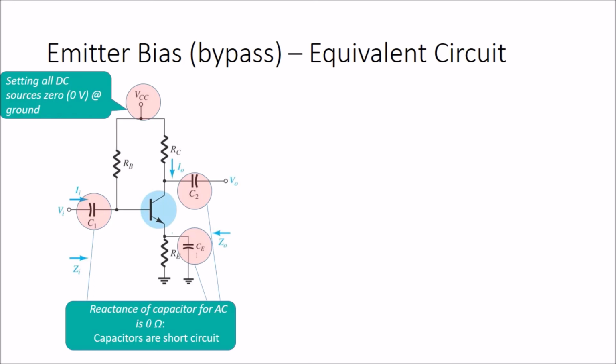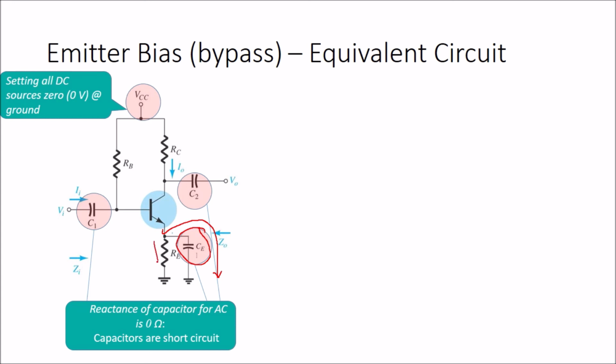Okay, and then for the emitter bias, actually it is the same as the phase bias configuration. Why? In AC analysis, the capacitor is a short circuit. So the signal will go through the short circuit path rather than the resistor.